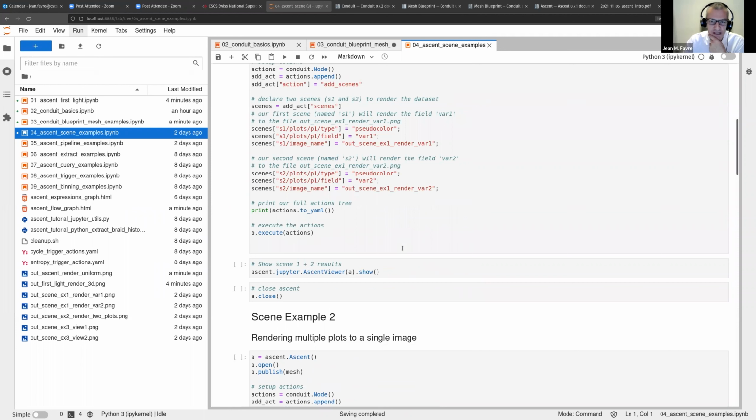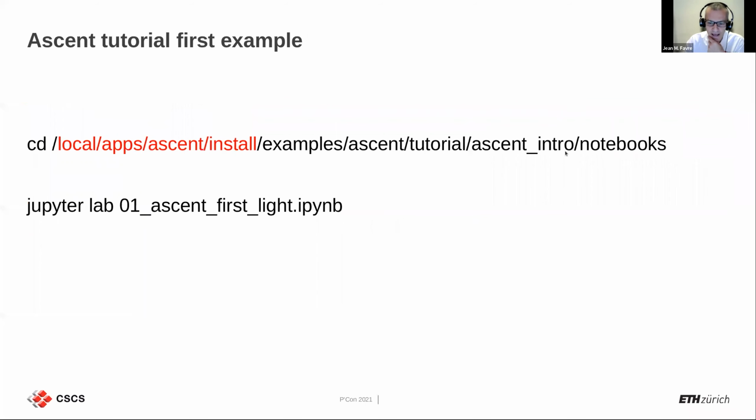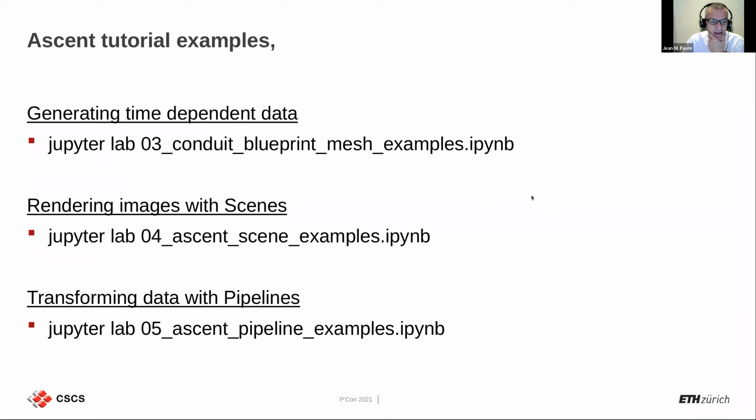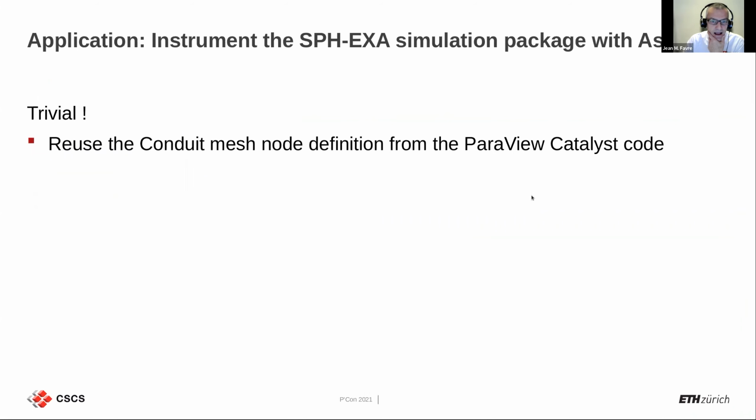For the interest of time, I'm going to skip the rest of those examples, which you can redo at home, and I will show you how I have instrumented the SPH-EXA simulation package with Ascent.